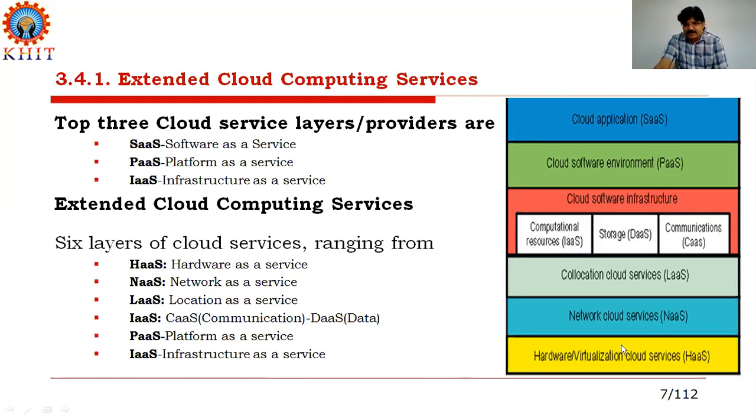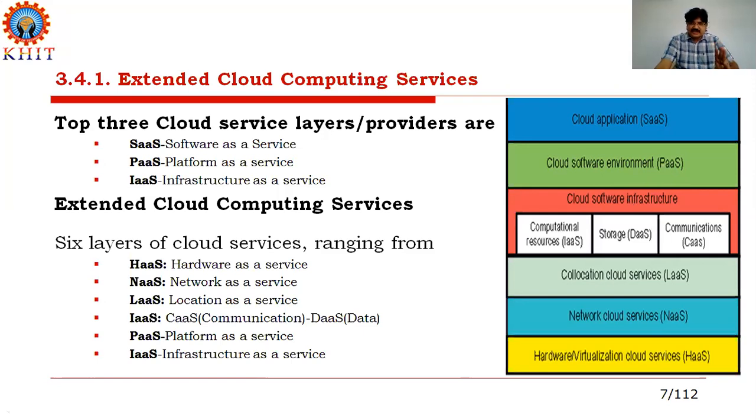So in this diagram, there are 3 standard cloud computing services. Always the topmost one is software as a service, which is placed on top of platform as a service. The platform as a service sits on top of the infrastructure as a service.